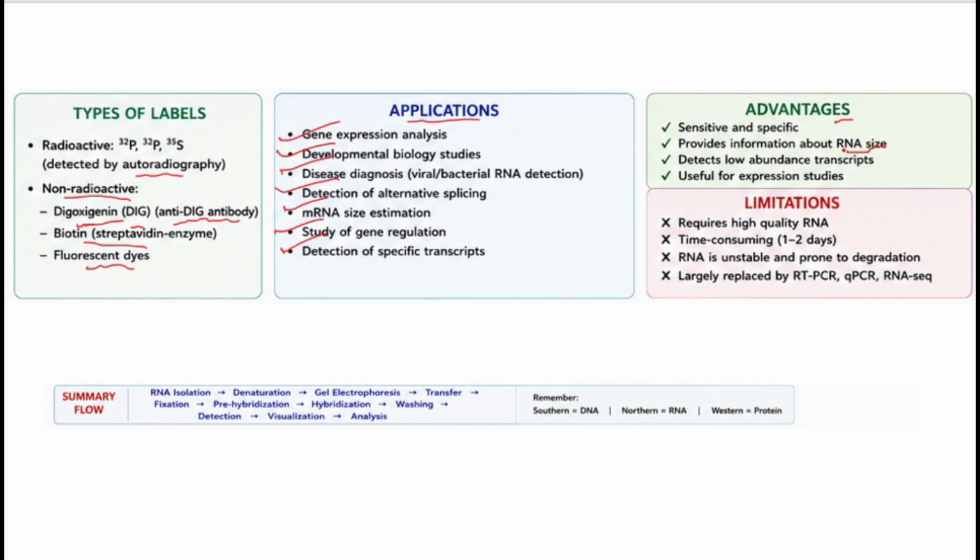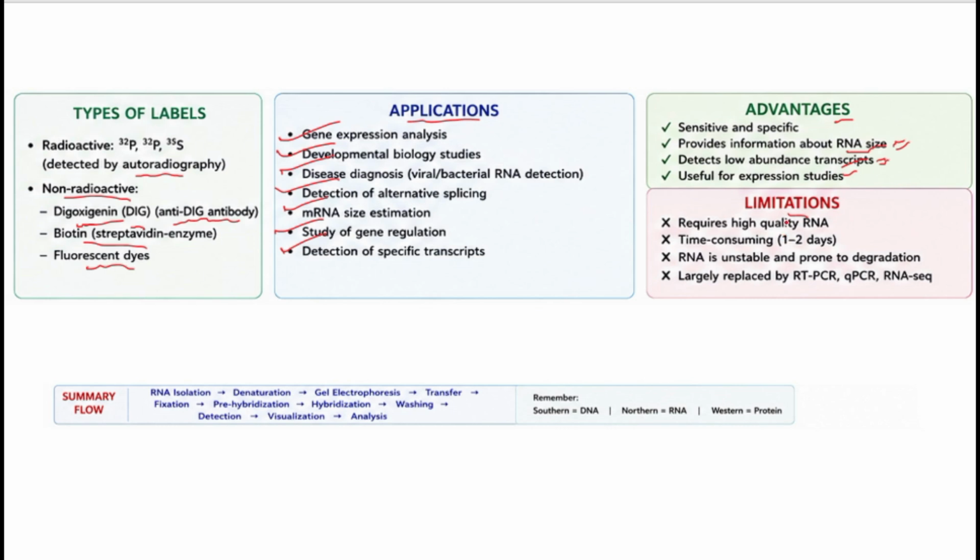When we run it in the agarose gel, we can see what the size of this RNA is. It can detect low abundant transcripts. If the transcripts are in a low amount, they can still be detected, and it is helpful in experimental expression studies.